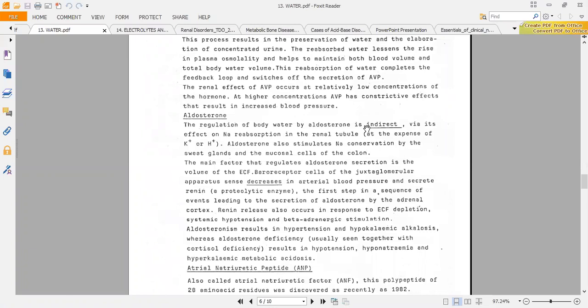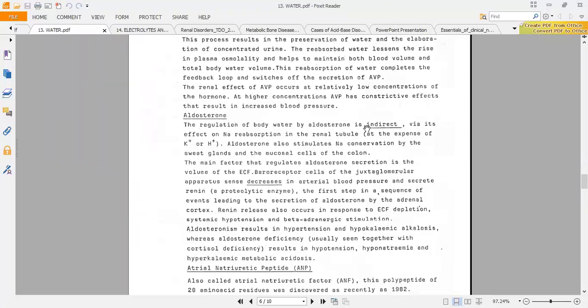So someone with a high aldosterone level, which is called aldosteronism, we know that this person is going to absorb a lot of sodium together with water, and that's going to increase the person's blood pressure. Two, the person is going to lose potassium and then hydrogen ions. If you lose potassium, you get a condition called hypokalemia.